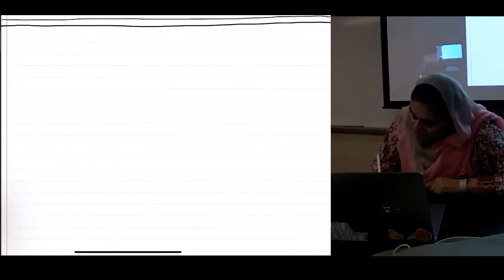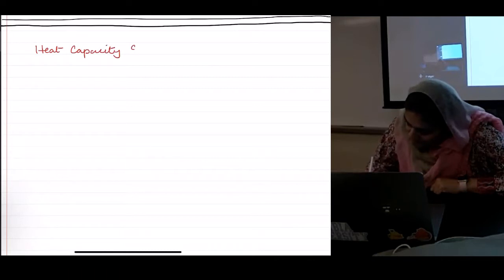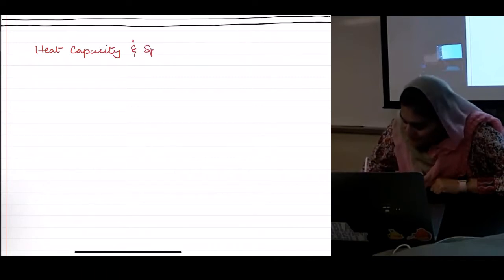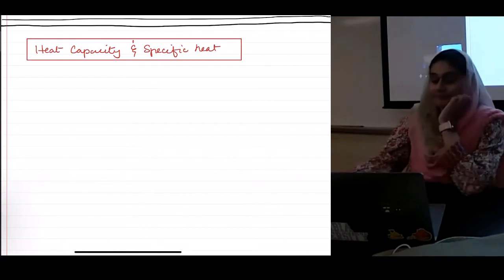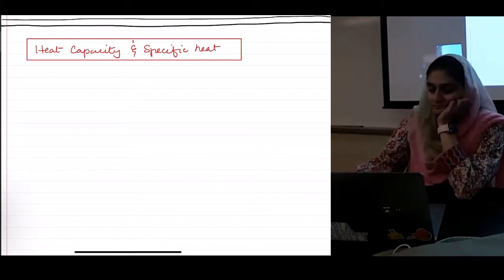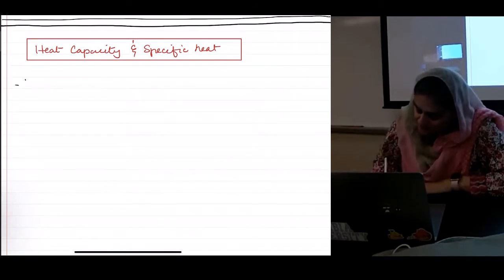Heat capacity. And specific heat. Okay, how do we change the temperature of a system?